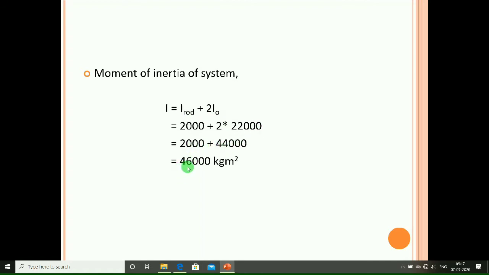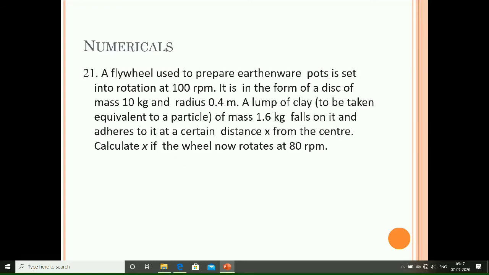So we will be getting 46,000 kilogram meter square. So this is the total moment of inertia of the dumbbell when the axis is passing through its center and perpendicular to its length. Okay, so this is your answer. The answer in your textbook is actually some different one, but this is your answer by calculation, so this is right actually.